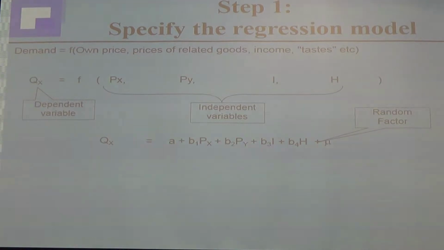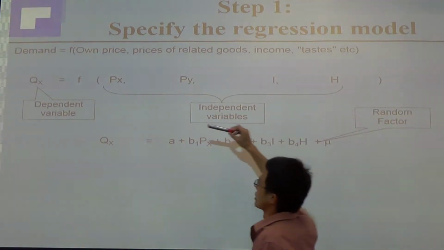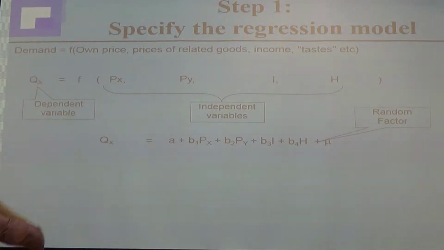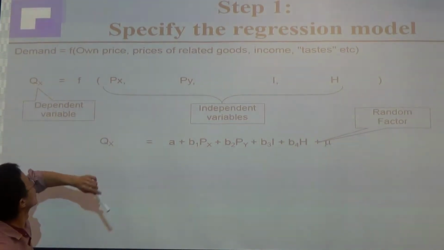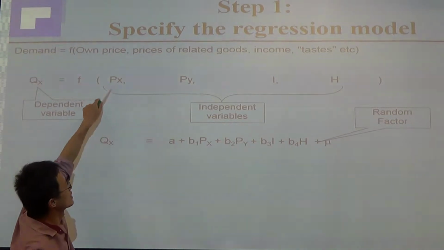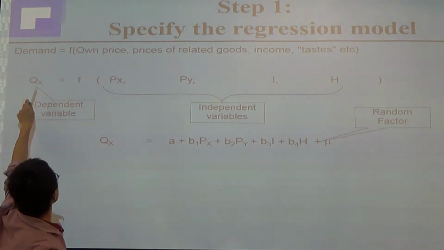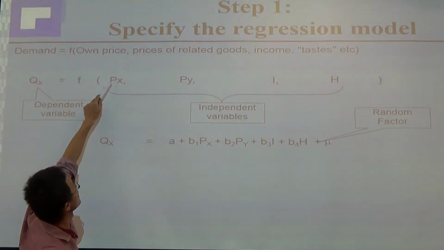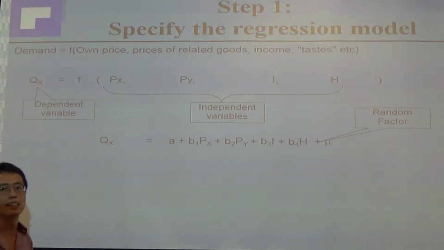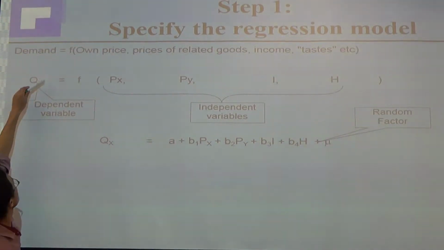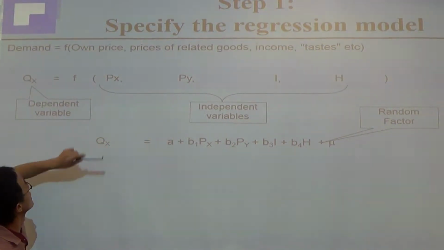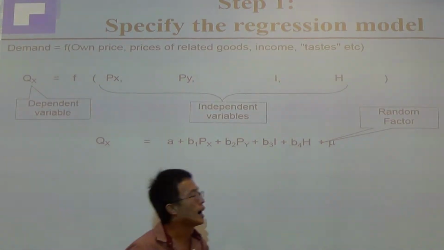First one, specify the model. So you are going to estimate a demand function. Demand, that's the dependent variable, depends on price. This is demand of X, here's price of X. For example, let's say we want to estimate demand for chicken. So here's the quantity demanded of chicken, here's the price of chicken.